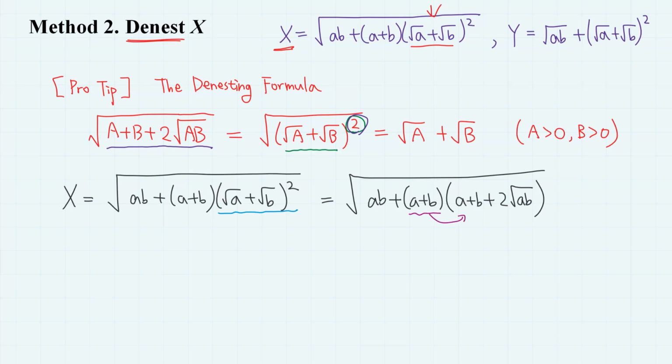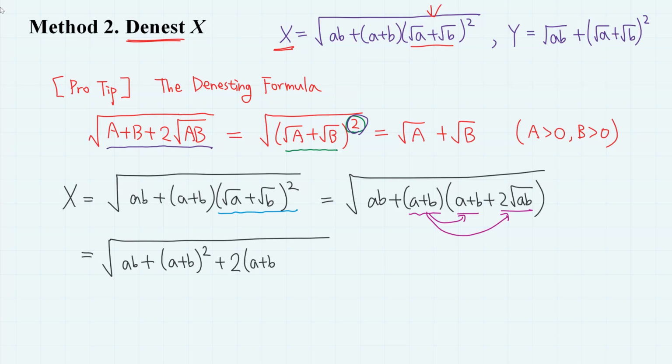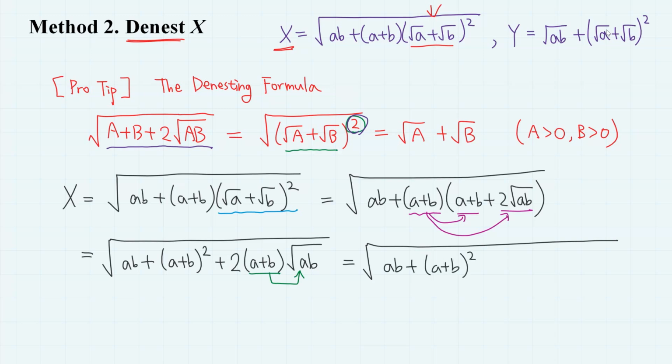If we distribute this a plus b, then we have ab plus, now (a plus b) squared, then 2 times (a plus b) times square root of ab. So if we put this a plus b inside this inner radical, we have square root of ab plus (a plus b) squared plus 2 times the square root of, now ab times (a plus b) squared.